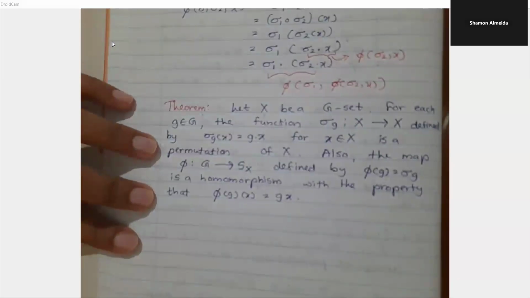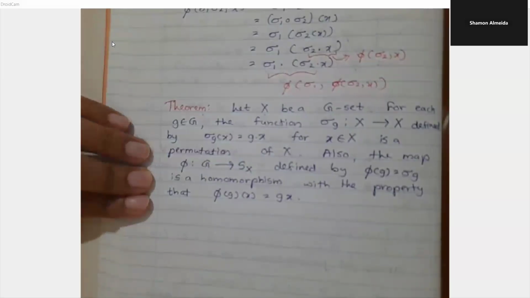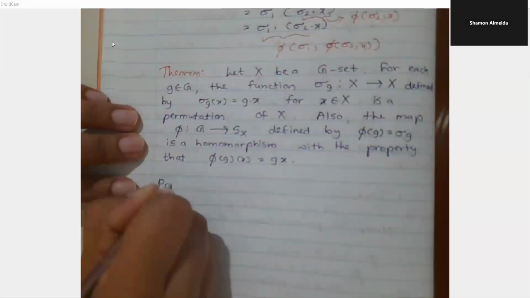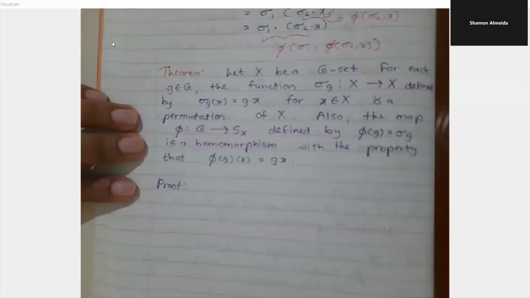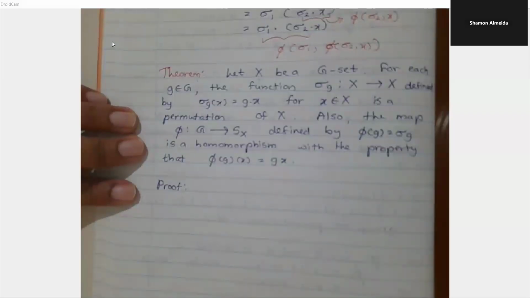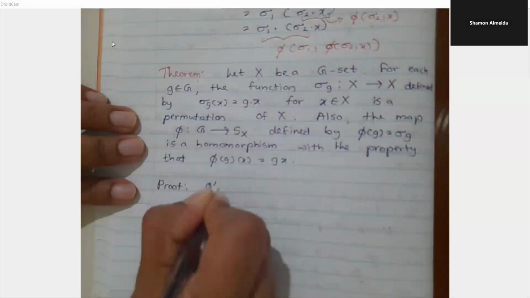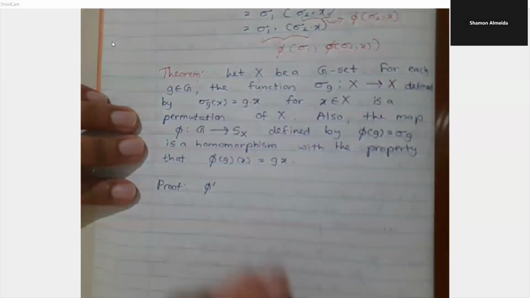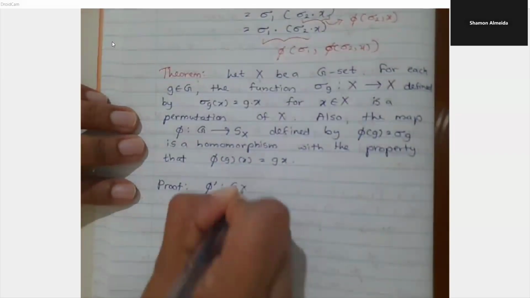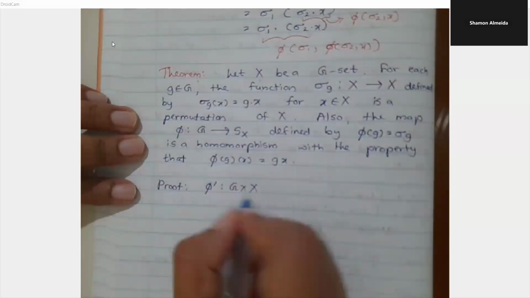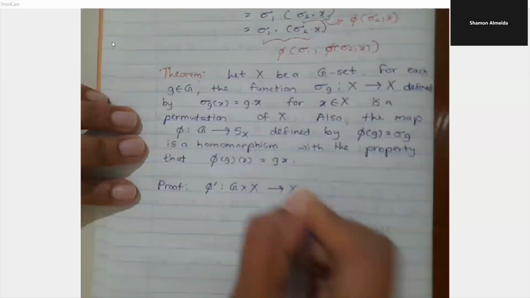First, X is a G set. That means there is a group action. So before we even begin the proof, let's start by identifying what this group action is. Let's define this group action by phi prime, because we already have this function phi over here. It is from G cross X to X, since X is a G set.